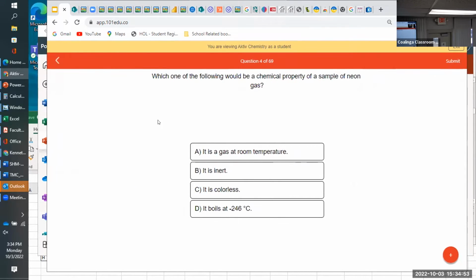So which of the following would be a chemical property of a sample of neon gas? B? So maybe. Everybody agree? You said D? I see D, and you said B. Wait, I haven't submitted it yet.